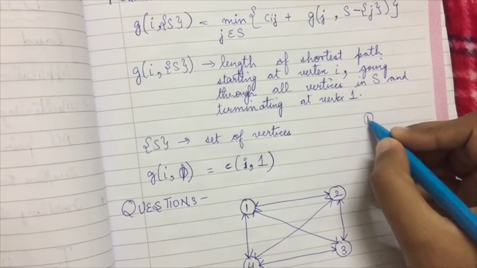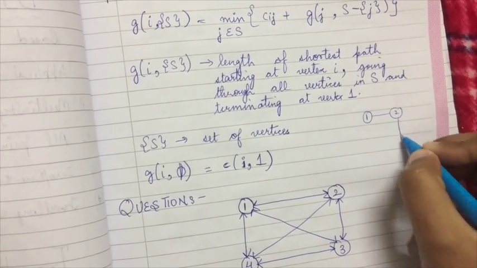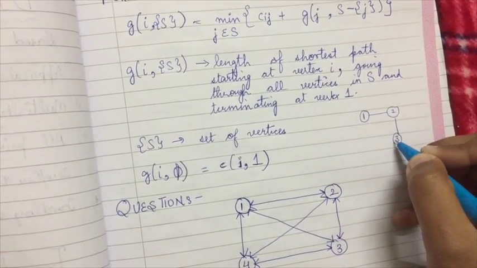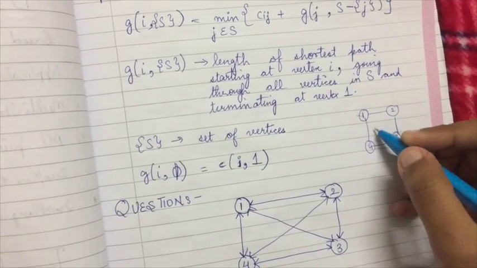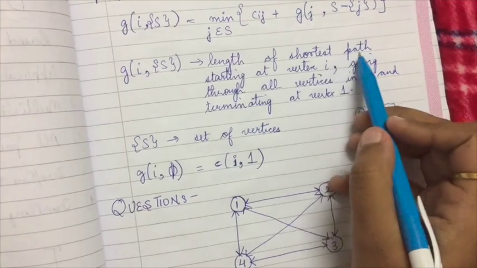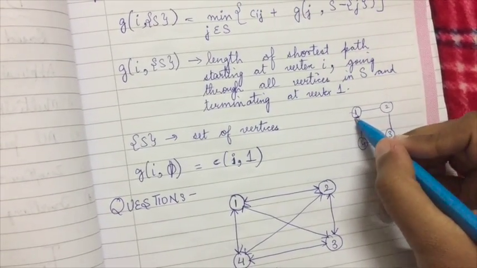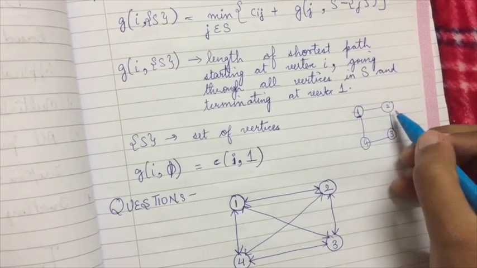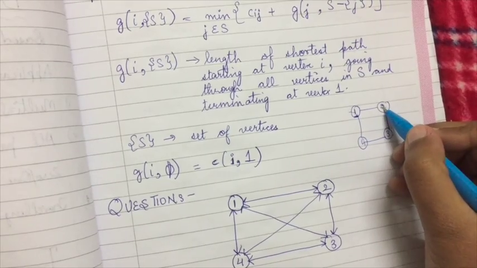I have to always start from vertex 1. Suppose I go to vertex 2. Suppose I have this graph. Now the length of the shortest path starting at vertex i, this is always included by default because I'm starting from here. So the first value of i will be 2.